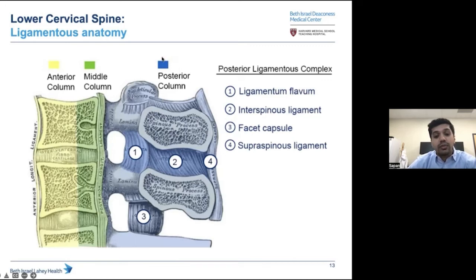So there's a ton of ligamentous structures posteriorly. In the cervical spine, the integrity of the ligamentous complex here is pretty important at determining stability, because it's what resists the loss of cervical lordosis.